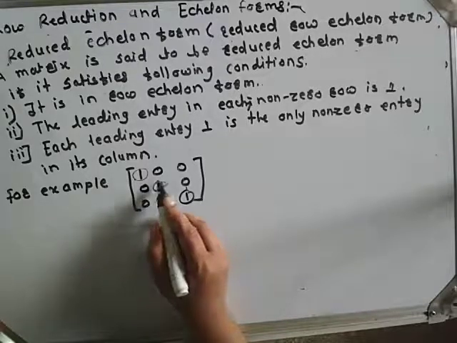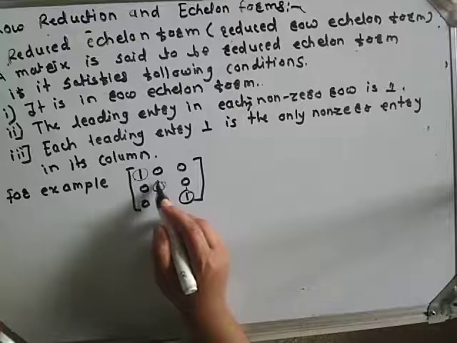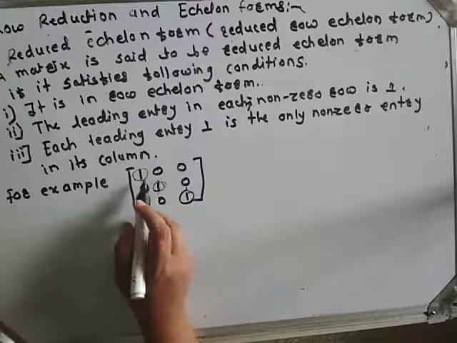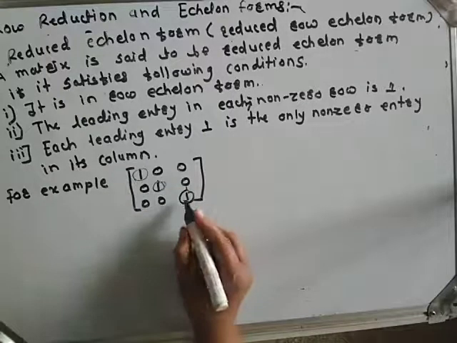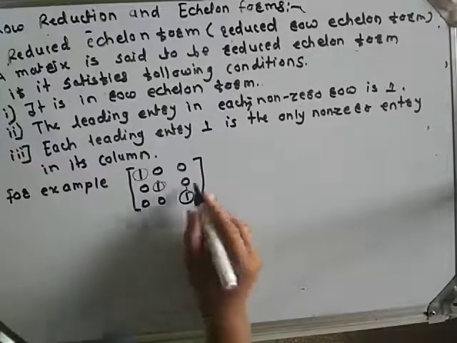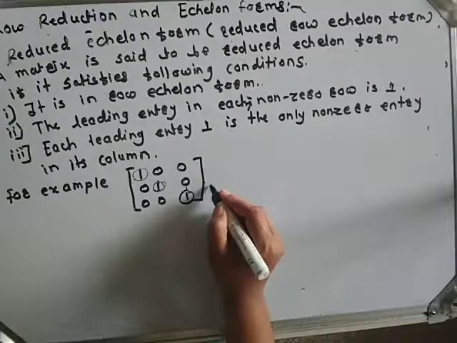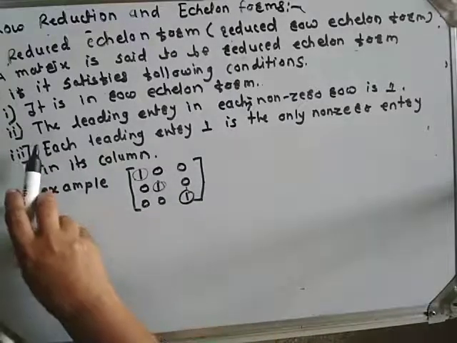The leading entry in the second row is to the right of the leading entry in the first row. So this matrix is in row echelon form.